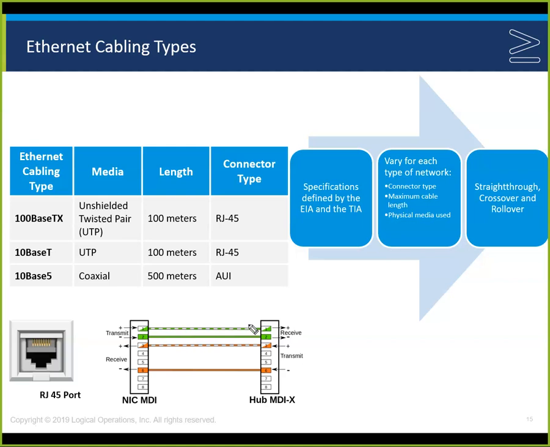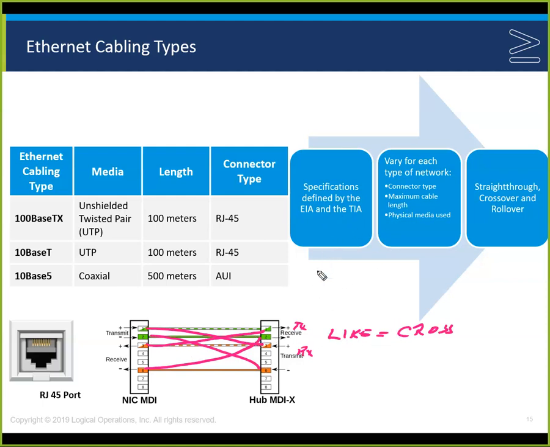So if we have a like to like, and we say that this would be our transmit, and this would be our receive here. If we go from 1 to 3, 2 to 6, 6 to 2, 1 to 3, we've now sent the transmit to the receive, and that's why if we have likes, we need to use a crossover cable so that we send the transmit to the receive and the receive to the transmit.